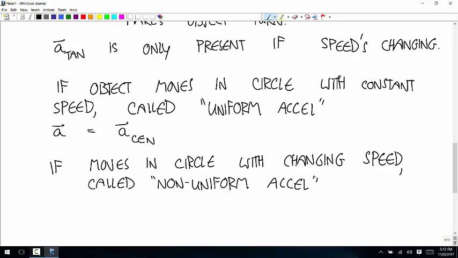And then you do have a tangential acceleration. So the total acceleration, you have to add both of these.